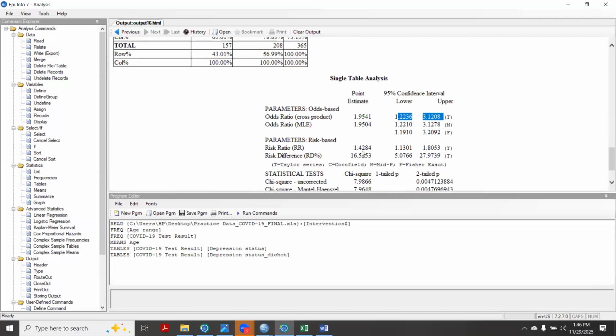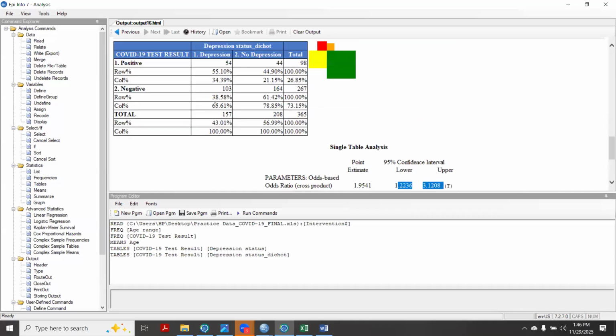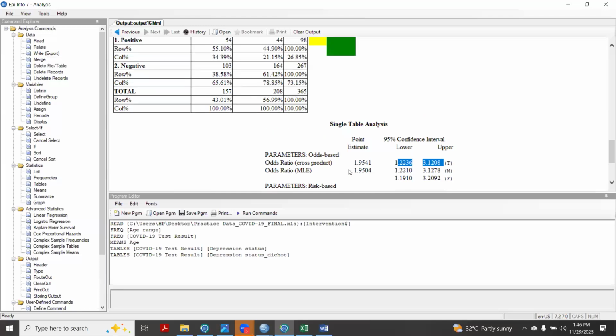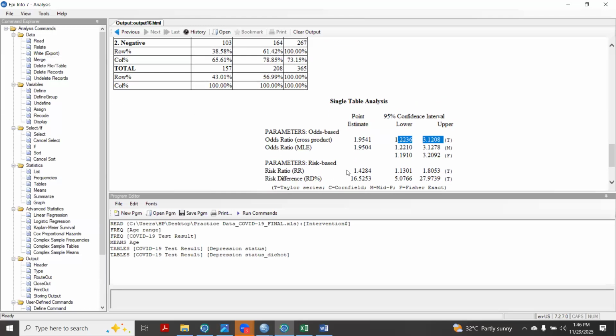Now, for relative risk, if this was a cohort study, you would use the relative risk. For relative risk, it would be those that tested positive for COVID-19 are 1.42 times more at risk. For odds ratio, you use odds because it's a probability.